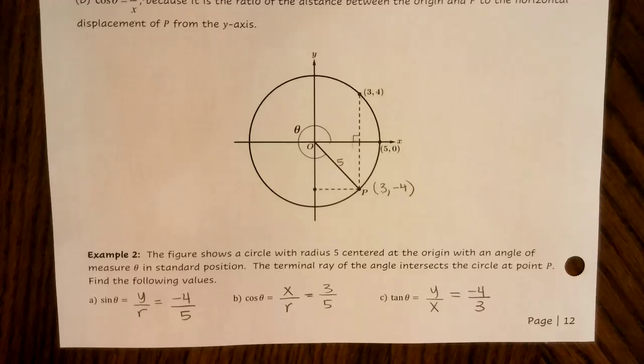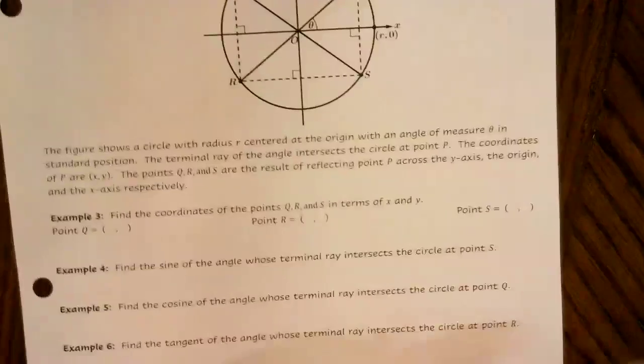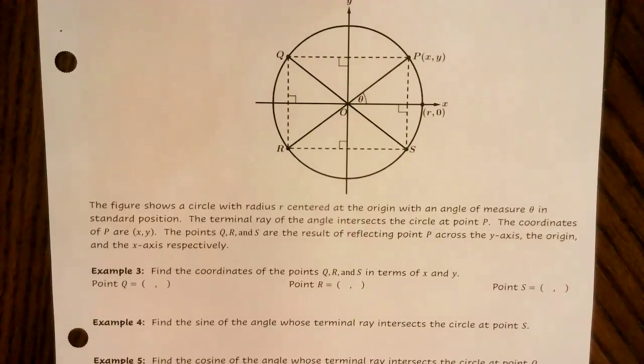All right. For our next one here, it says the figure shows a circle with a radius r centered at the origin with an angle of measure theta in standard position. The terminal ray of the angle intersects the circle at point P. The coordinates of P are x comma y.